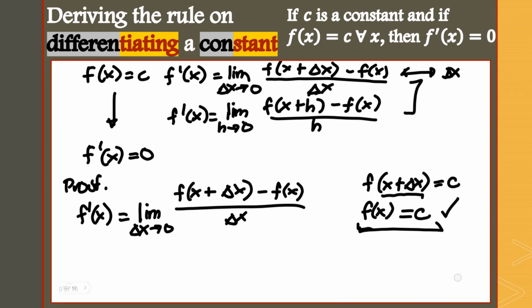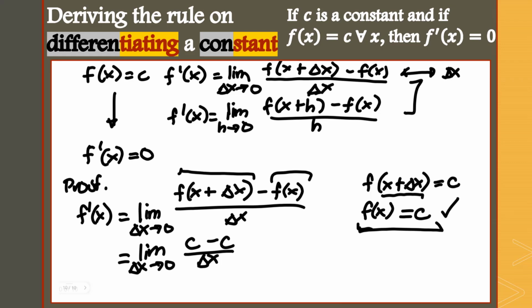So since both of them are equal to c, substituting them in our given here, we have the limit of c minus c over the increment of x, as the increment of x, or delta x, approaches 0. Do not solve the limit yet because we will still get a 0 denominator.